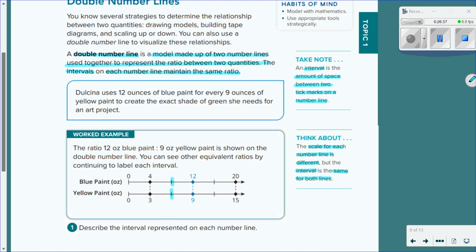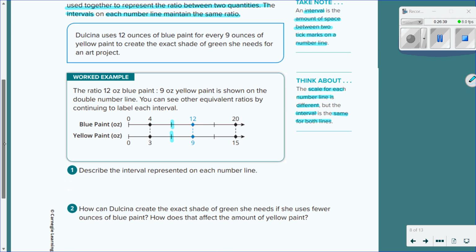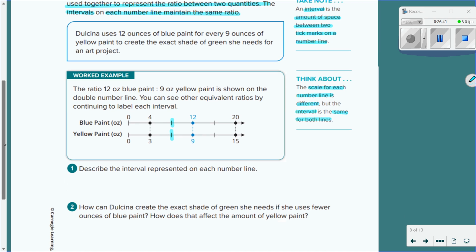So let's talk about a few of the main pieces of the double number line. Number one, you must label what each of the number lines is. You must have a label for each of your two number lines. Each of your intervals are going to be exactly the same. So wherever I have a tick mark on one number line, I should have a corresponding tick mark on the other number line.